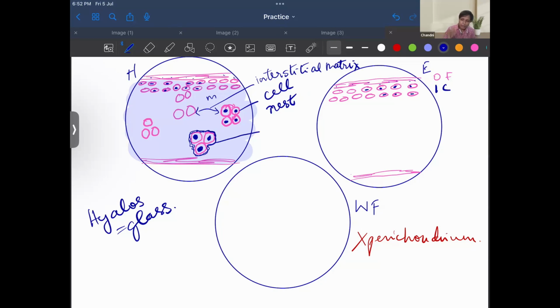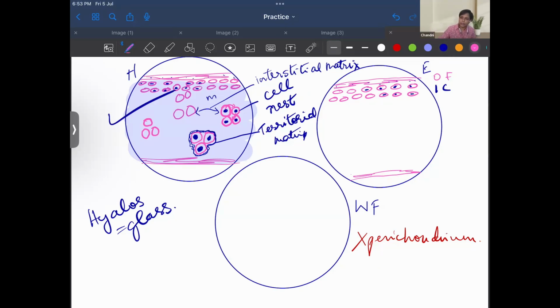And that is called, now it's a nest. Now every little home has its boundary or its territory, which is why it gets the name territorial matrix. Okay? If you do this much, hyaline cartilage is done.